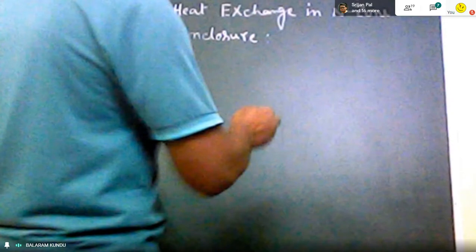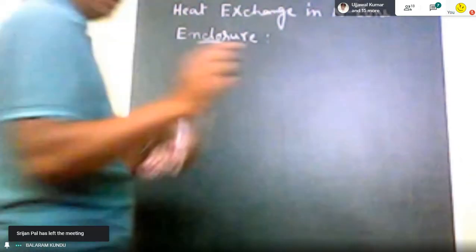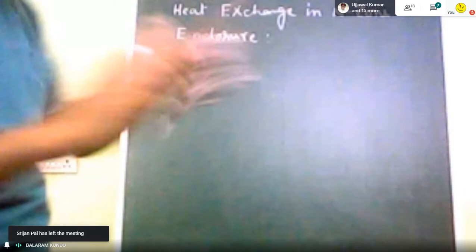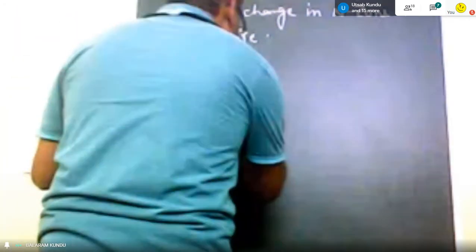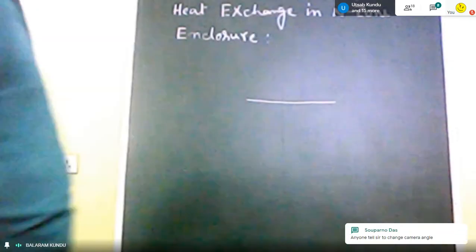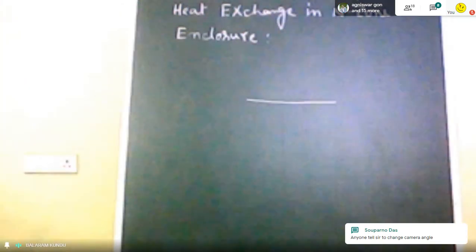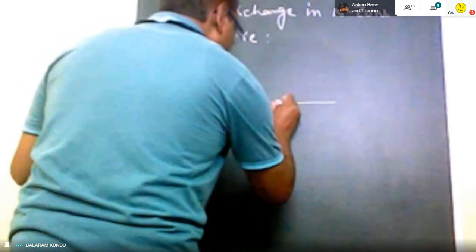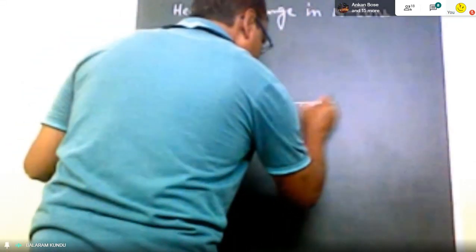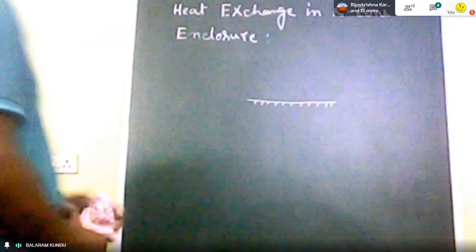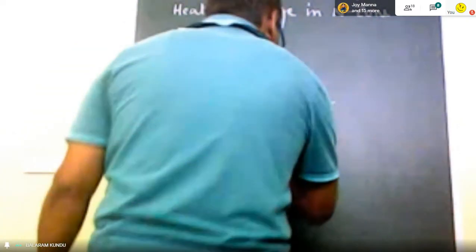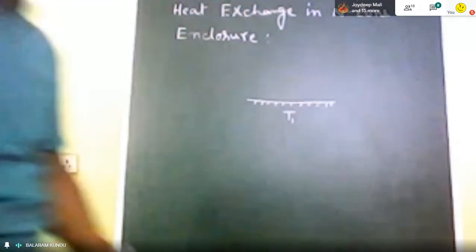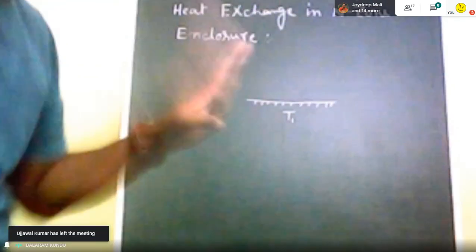So first you consider one zone, meaning you have only one surface, and that surface is maintained at a uniform temperature. This is one surface, or we can say it is one zone. This surface is maintained at a constant temperature, say T1, or you can say it is maintained with a uniform heat flux condition.